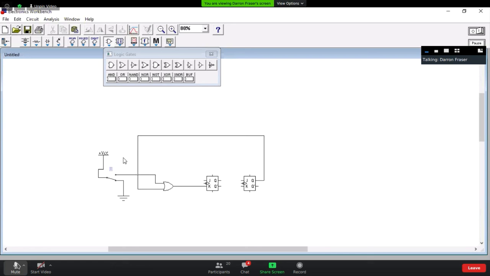Therefore, we are going to pass each of these through a NAND gate. So passing B and I to a NAND gate.